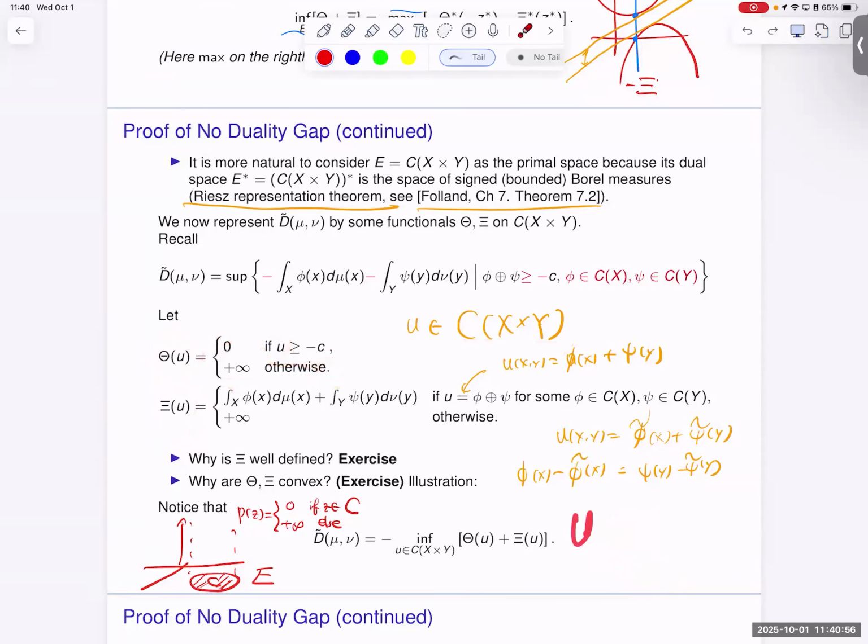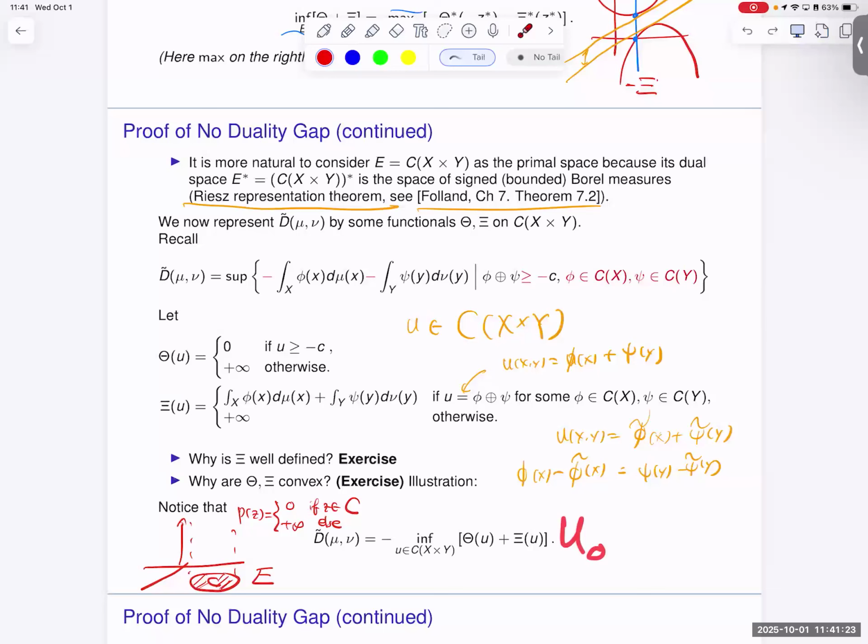So you want some function satisfying this constraint, also satisfying this constraint, okay? U0 has to satisfy both constraints. And let's say this function is continuous. That means a small change of U will make only a small change in the value of this function.